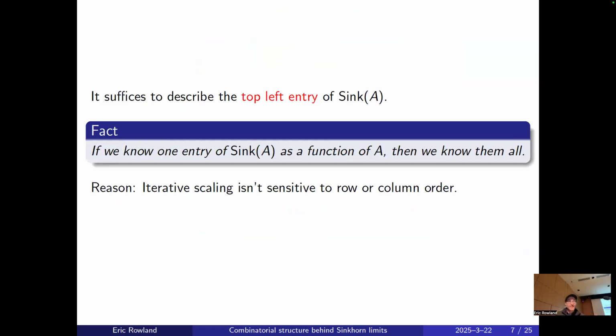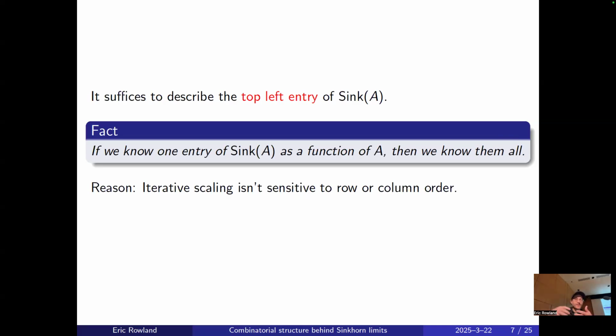So I want to just mention here, why are we just focusing on the top left entry? It turns out that if you have a formula for the top left entry as a function of all the entries of A, then you actually can get formulas for all the entries as functions of A. And that's because the iterative scaling process doesn't care about the row order or the column order, right?